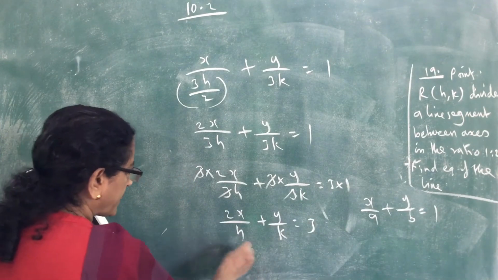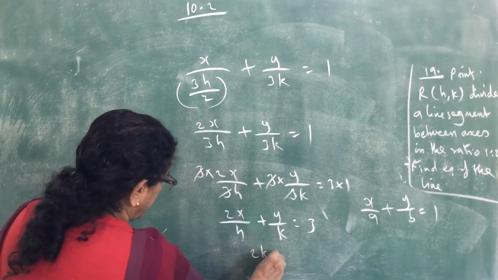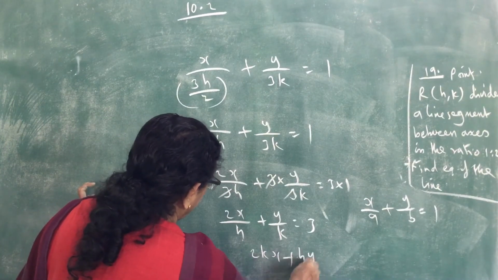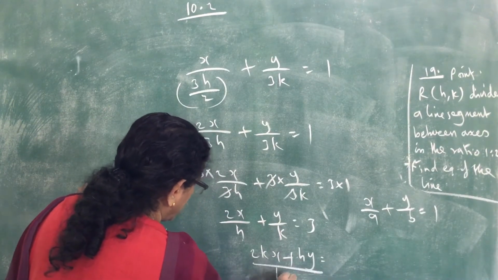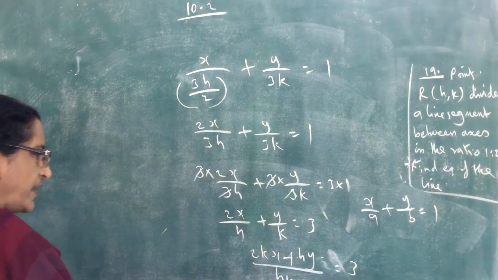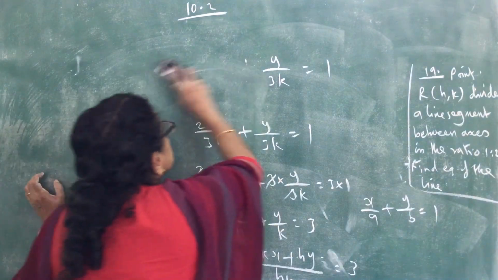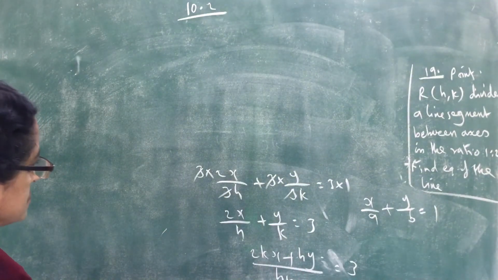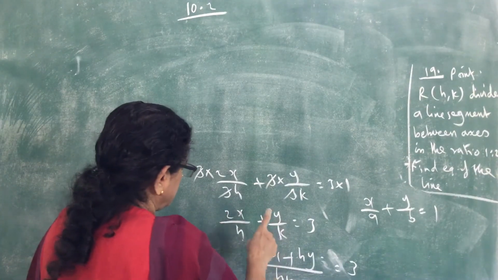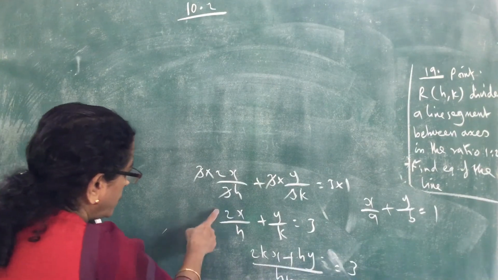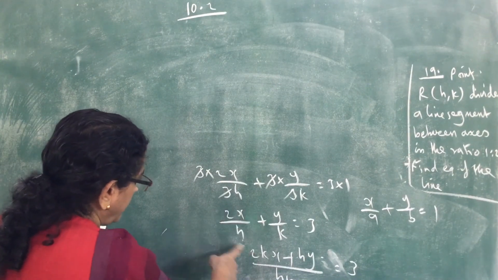Now we can cross multiply: (2kx plus hy) by hk equal to 3.